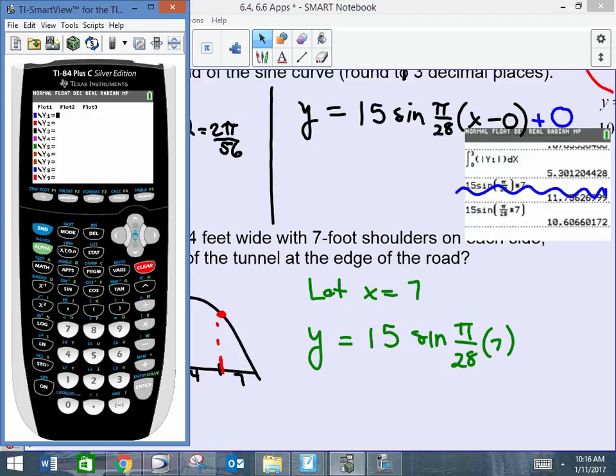Sine pi 28x. I was trying not to do that fraction, and that's why I put the parentheses in, but apparently the calculator didn't like it.